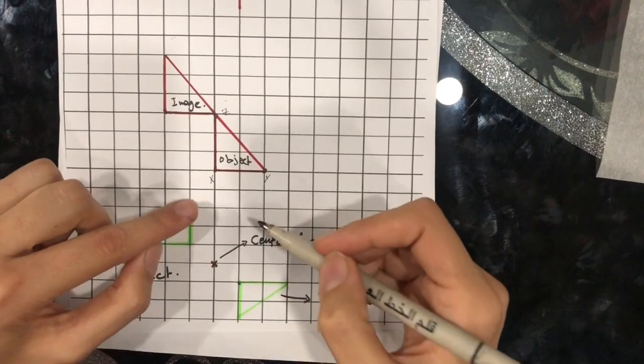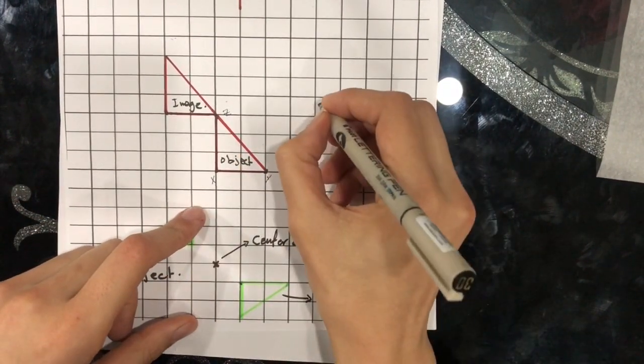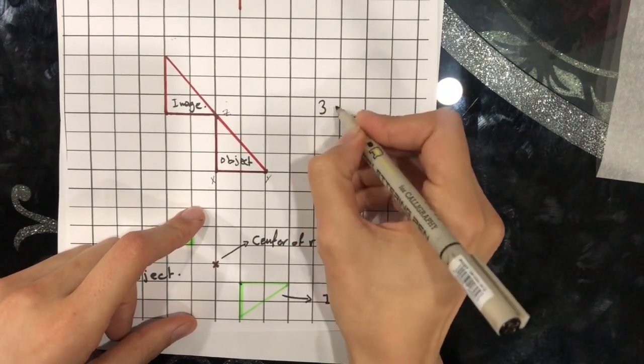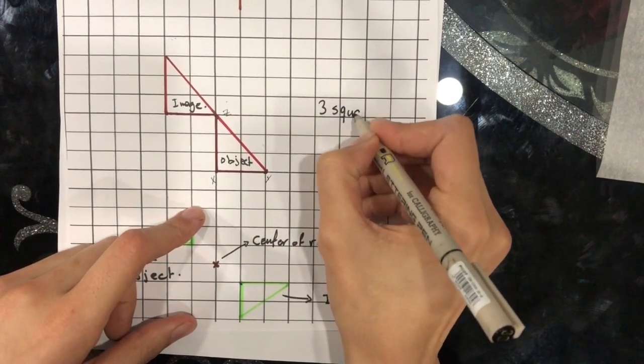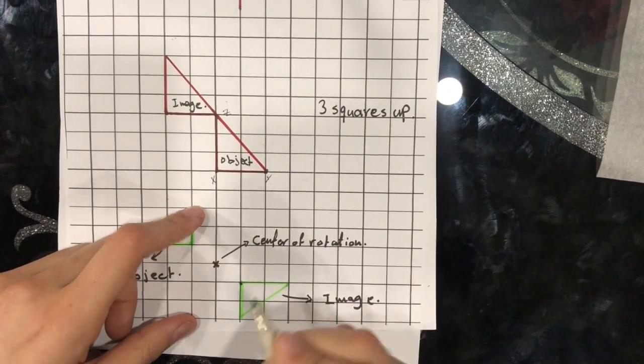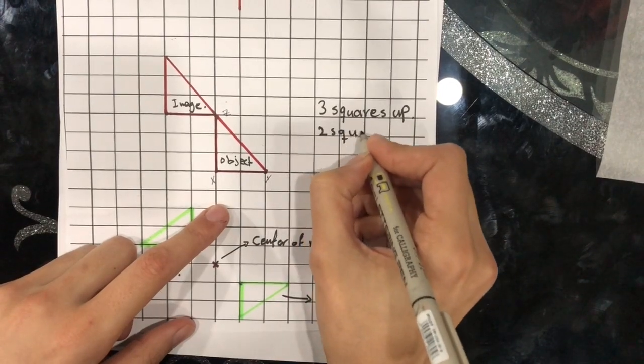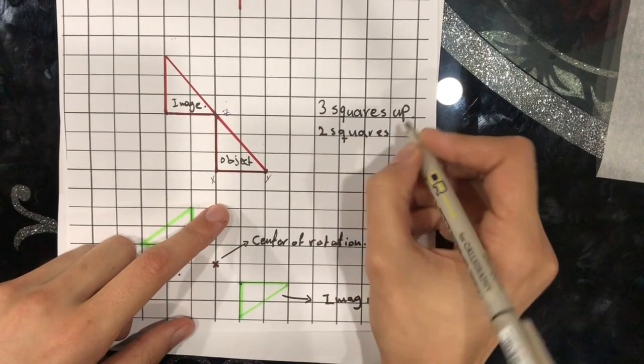We cannot just translate any shape without some instructions. For this shape, the instructions were: move the shape 3 squares up and 2 squares left.